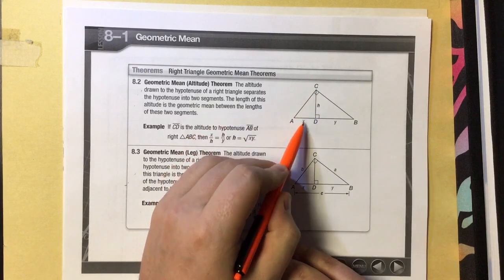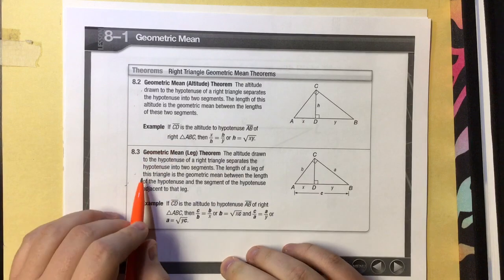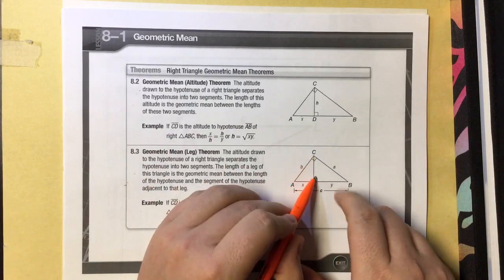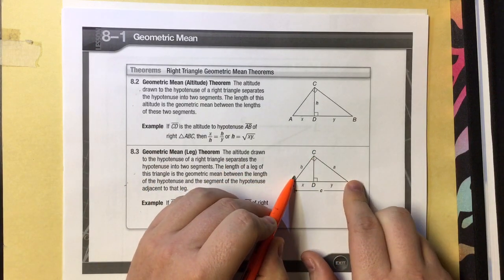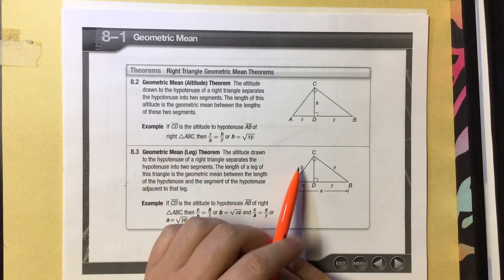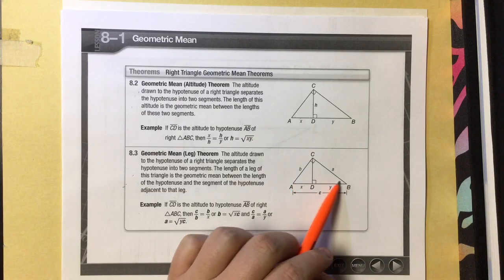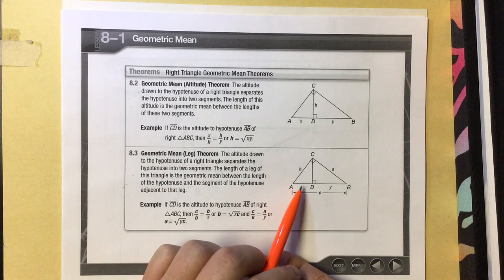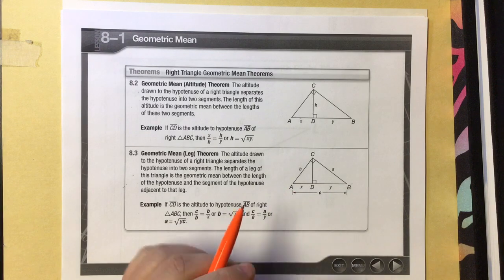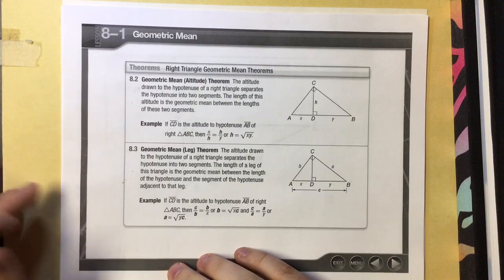So h is the geometric mean between those two here. Here, when it's not that altitude, but one of the legs of our big right triangle they give us, we do that the leg, whether it's A or B, it is the geometric mean of that whole hypotenuse and the piece that it touches.